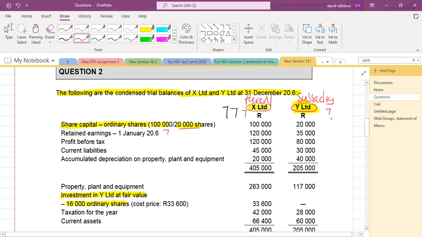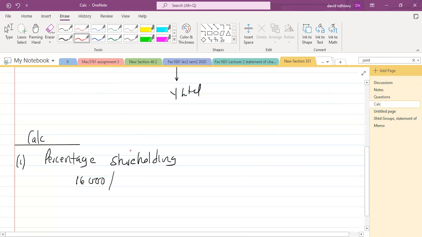So we are looking at the total number of shares in the subsidiary, which is 20,000. We divide this by 20,000, then multiply all of this by 100 over 1, and we get our correct amount. So 16 divided by 20 gives you 80% shareholding.